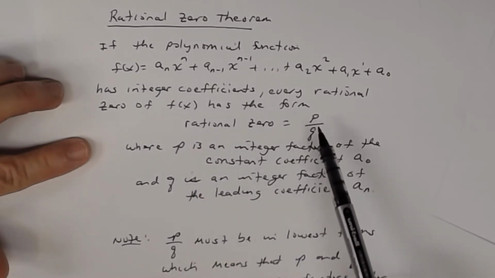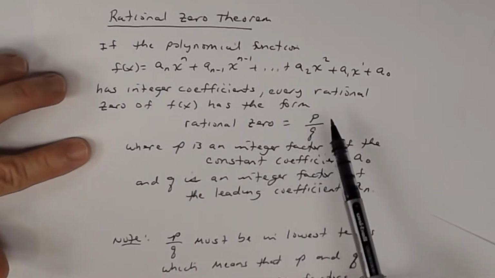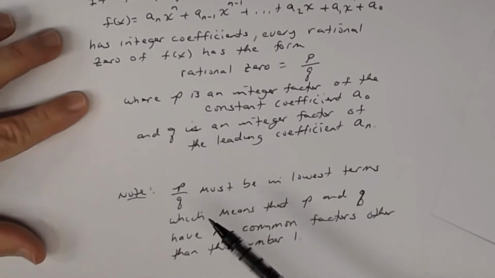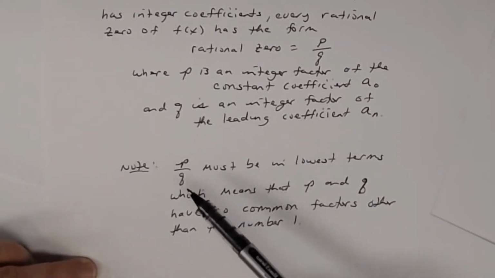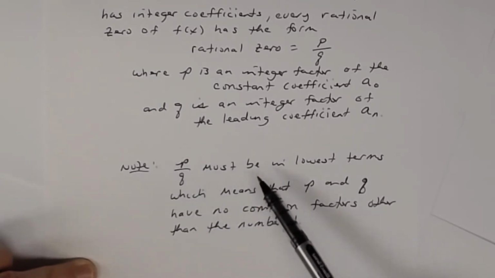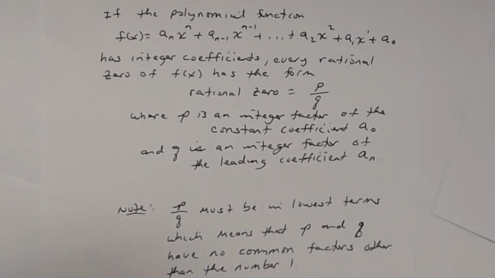Also keep in mind that p goes in the numerator, q is in the denominator. And we're going to talk about this again: that possible rational zero, p divided by q, must be in lowest terms.